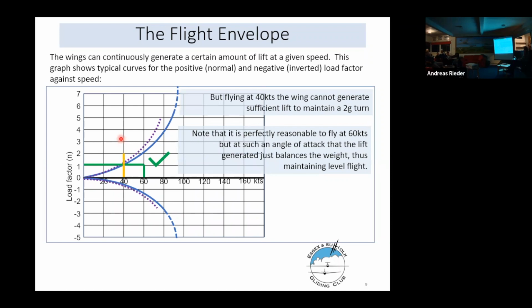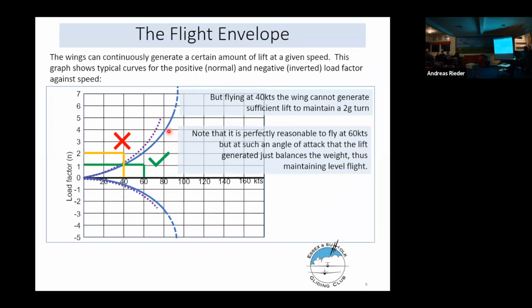So you can't fly at 40 knots and generate a load factor of 2. Generally speaking, flight to the right of this curve is possible. Flight to the left of the curve is not possible. This is known as the stall line. The wing will stall if you try to make it work harder than that.